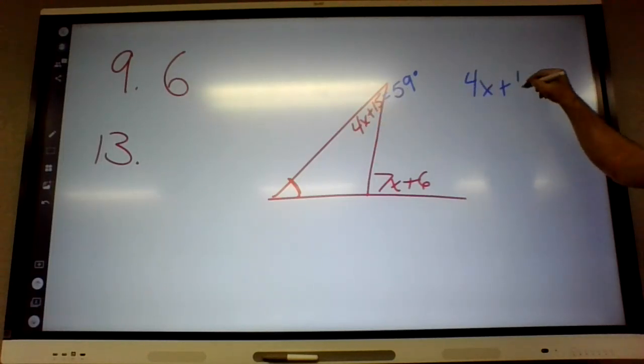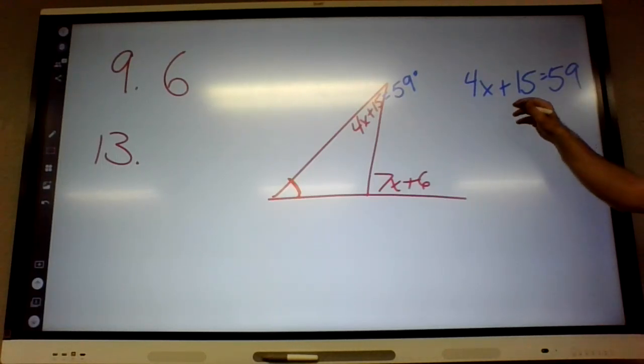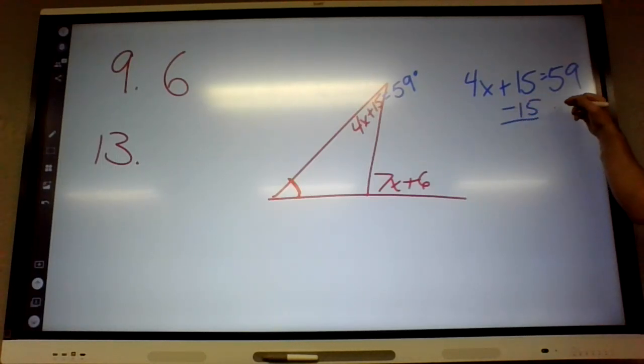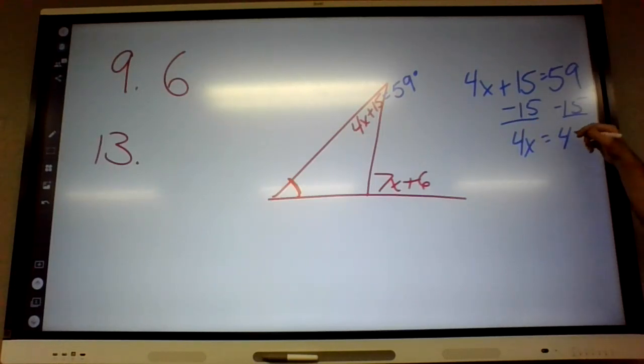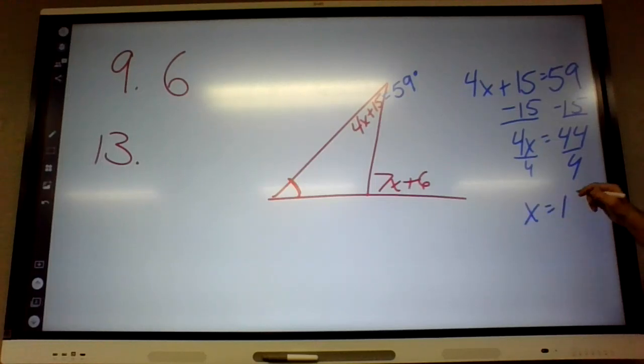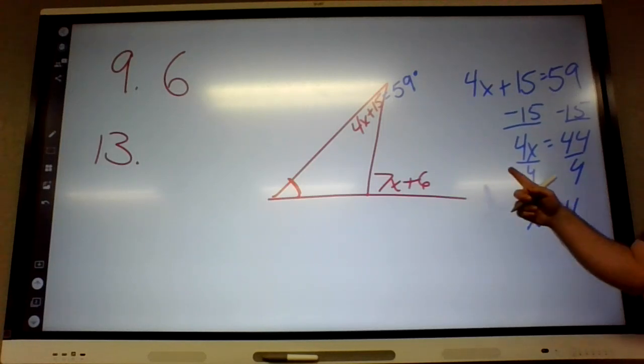4x plus 15 is 59. Okay, how does that help us? You plug in x equals 11. Yeah.